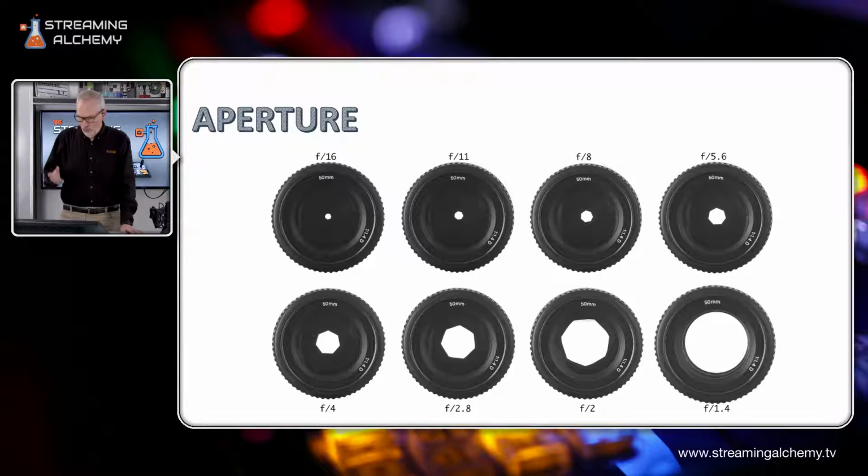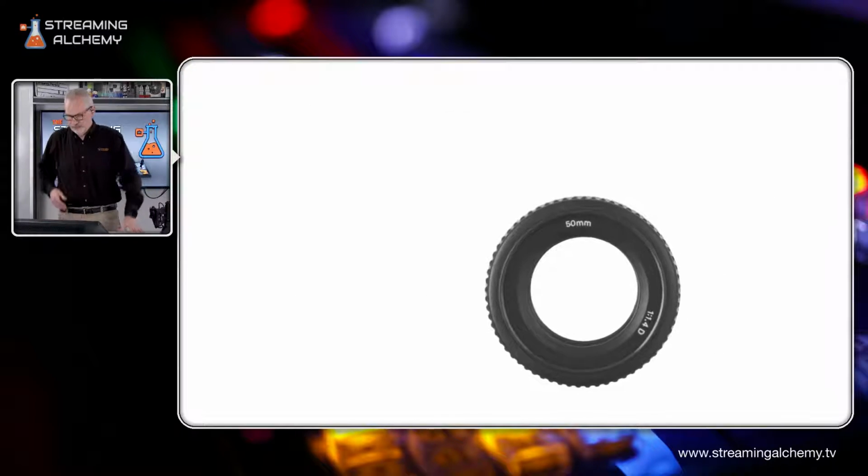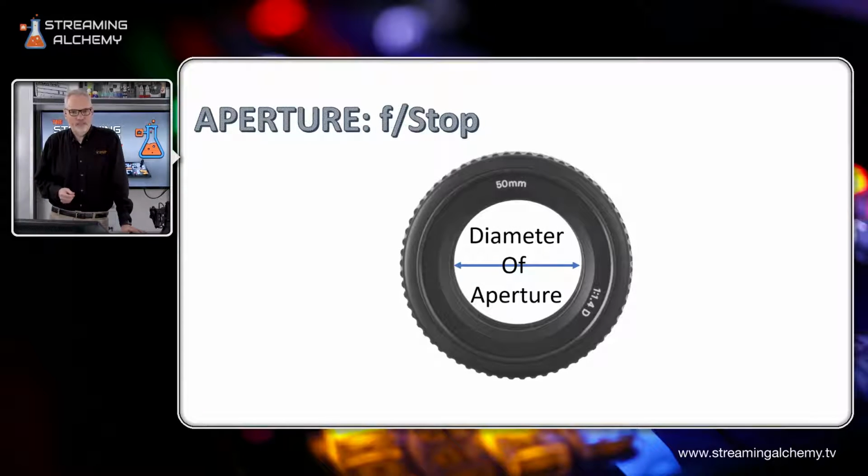So one of the ways that people measure the amount of light that a lens lets in is what's called an f-stop. So the thing about an f-stop is it's not a fixed size, but it's actually a ratio. So the first thing you're using is the diameter of the aperture. So what's the width across of the opening in the aperture?